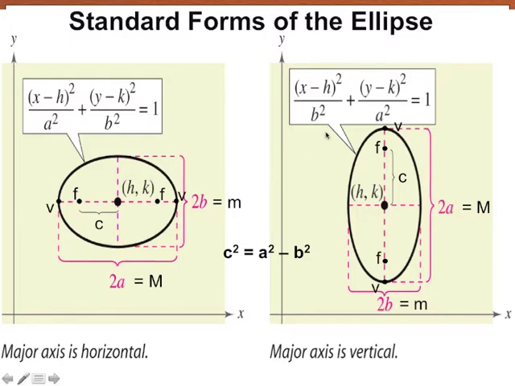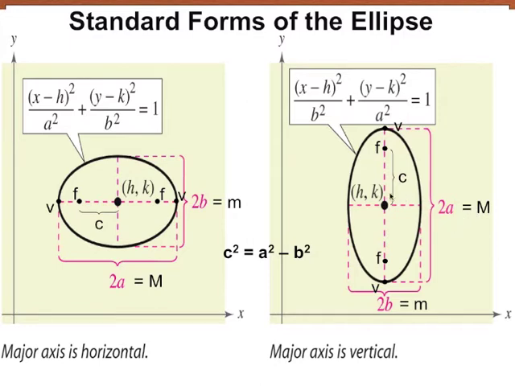Okay, continuing now, if I look at this right-hand side, I can see a vertical ellipse, and it's called vertical because the major axis, or the bigger of the two axes, is vertical. And the A's, B's, and C's mean exactly the same thing on a vertical ellipse as they do on a horizontal ellipse.